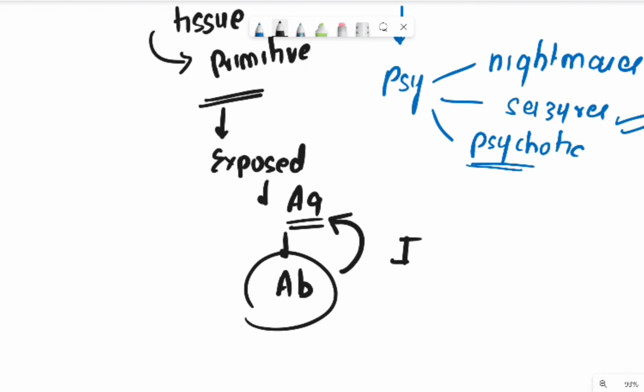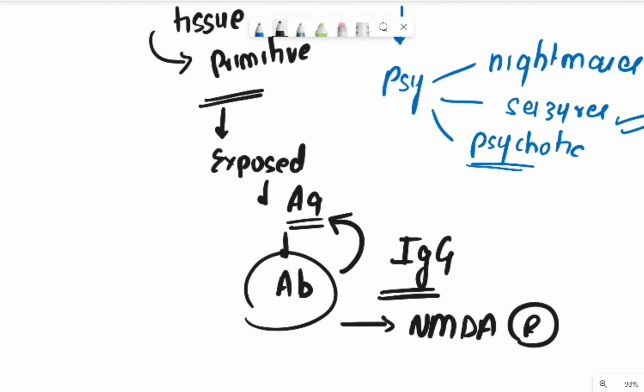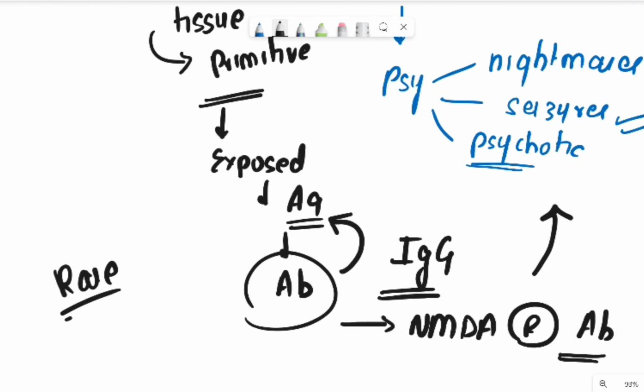And the initial antibodies which are produced will be the IgG antibodies, and these are the NMDA receptor antibodies, or they are antagonists which are blocking the NMDA receptors and hence causing all the manifestations. The NMDA receptor antibodies or NMDA encephalitis is a very rare manifestation, and it's not necessary that it always occurs in all forms of dermoid cyst. It's a very rare manifestation.